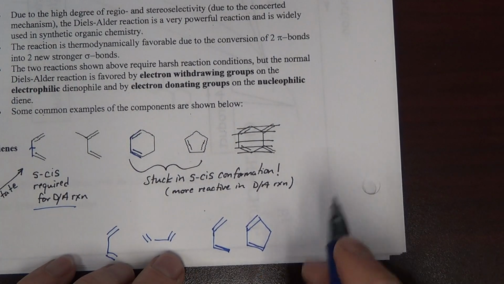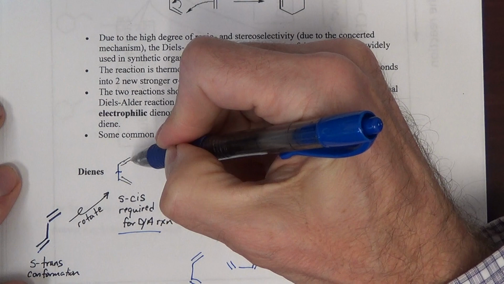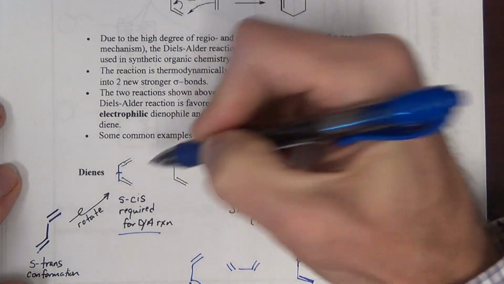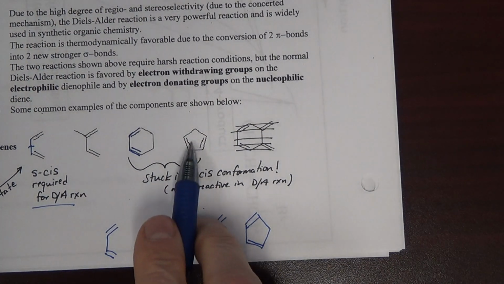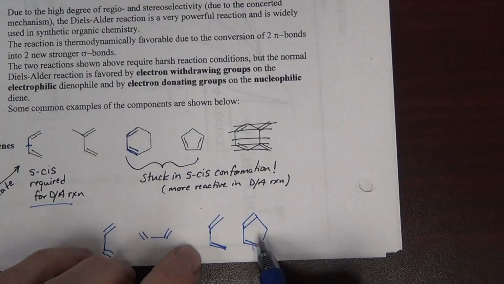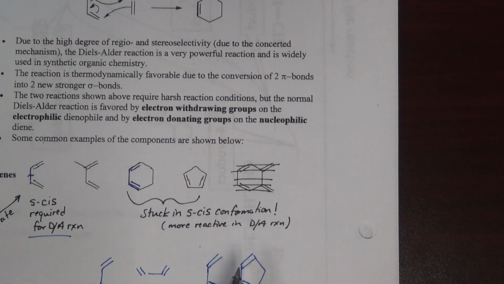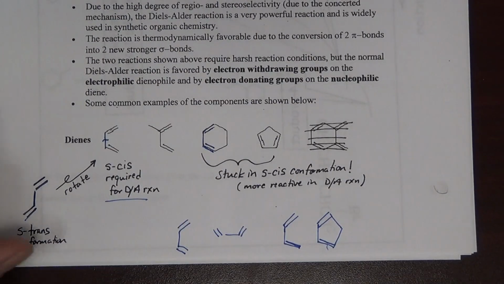It's basically the 5-membered ring if you connected these two carbons with one carbon. So it's just shown here, not turned like this. But it's still a diene, and dienes can react in these reactions.